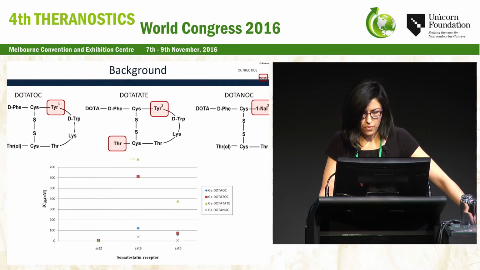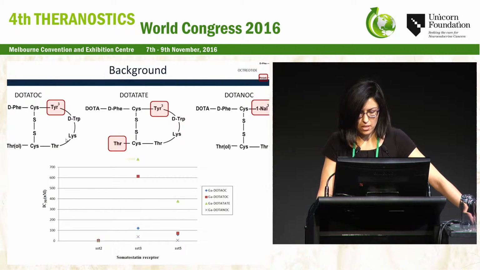The data analysis of IC50 of the DOTA conjugated peptides shows that the replacement of the phenylalanine in octreotide by tyrosine decreases affinity for subtypes SST3 and SST5 somatostatin receptors.